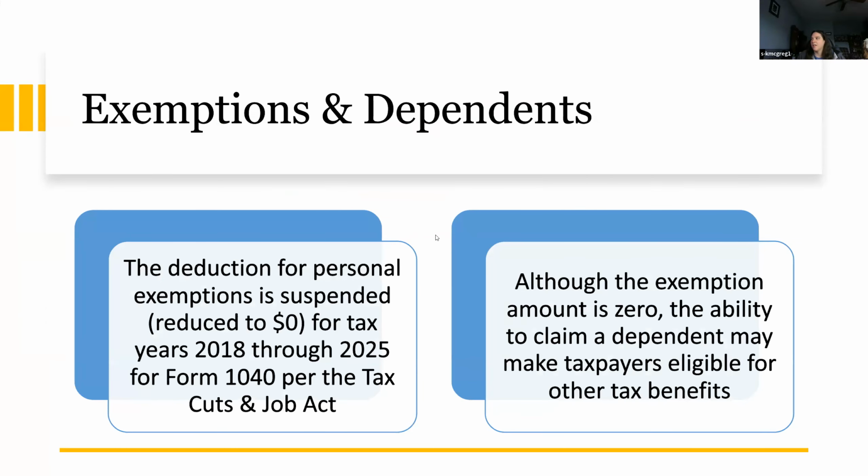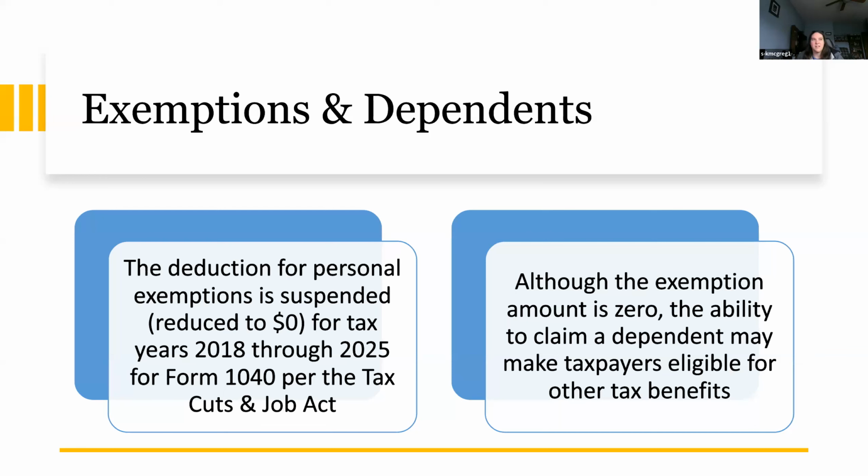Just to start, we no longer have personal exemptions, at least until 2025, which we'll see what happens if they extend that law from the Tax Cuts and Jobs Act or not, or if we'll go back to having personal exemptions again. A few years ago, they doubled the standard deduction and got rid of personal exemptions.